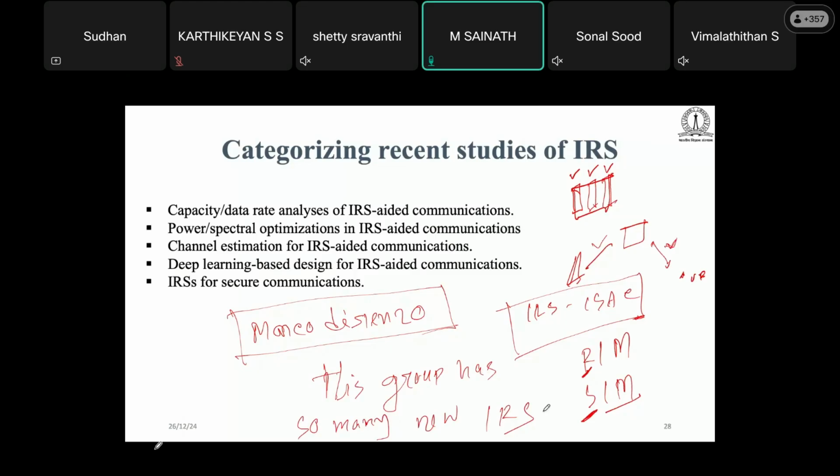First, I am moving to the first question. How does the spacing between unit cells affect the phase shifting capabilities and the overall beamforming performance?